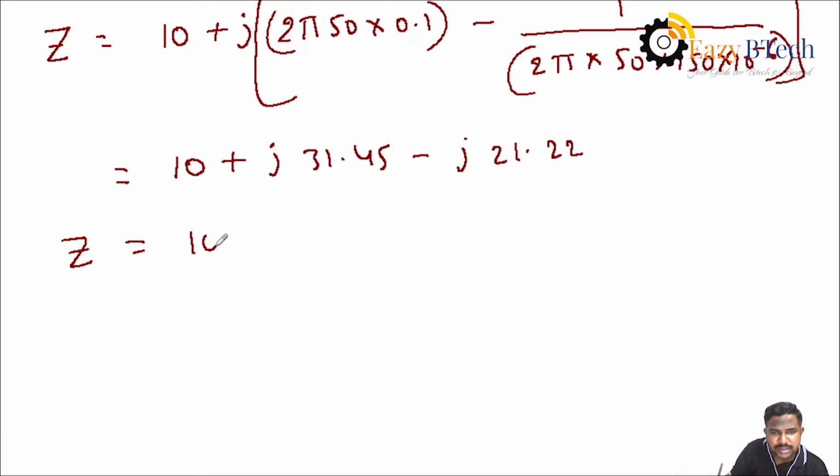Hence, Z, the impedance value, is 10 plus j 10.194 ohms. So the unit of impedance is ohms. So this is the total impedance value of the given AC circuit.